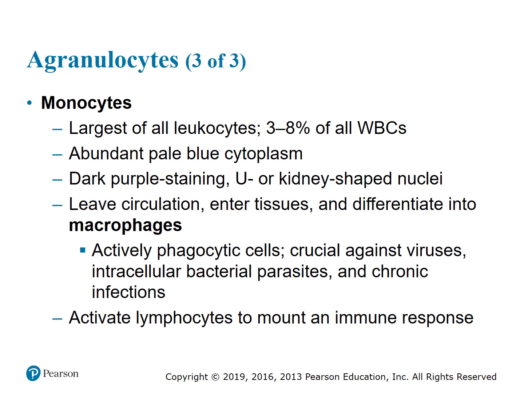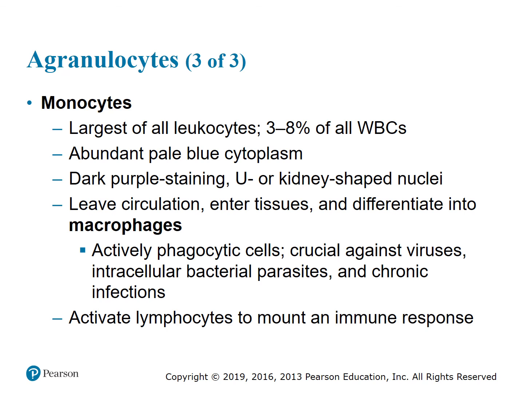Monocytes are the largest of all leukocytes, and they account for 3 to 8% of all white blood cells. They have abundant pale blue cytoplasm and a dark purple staining, U or kidney-shaped nucleus. They leave circulation, enter the tissues, and then differentiate into macrophages.